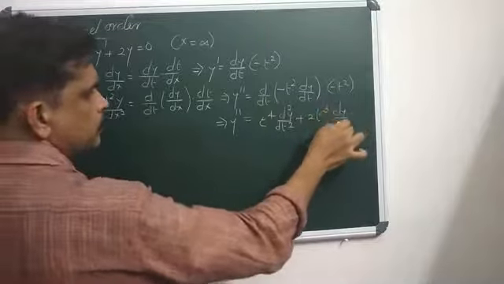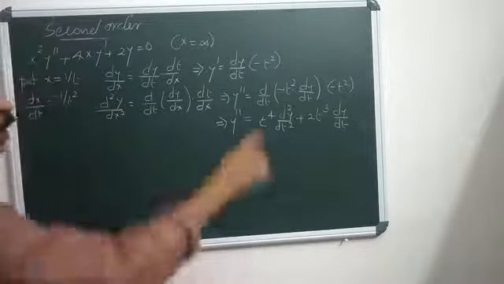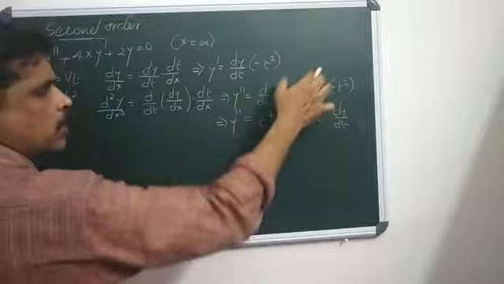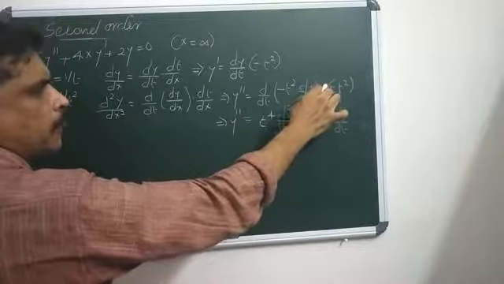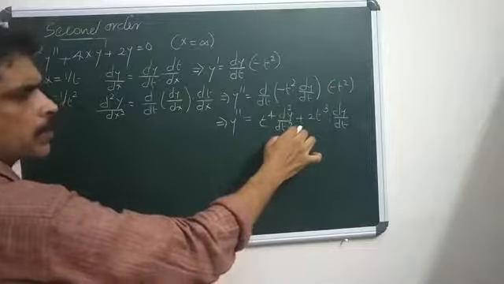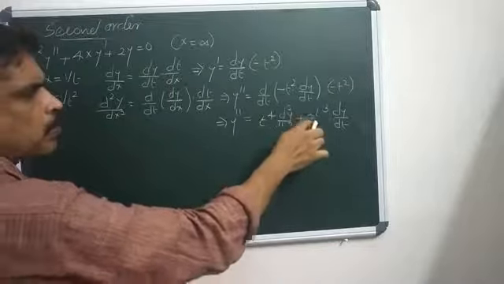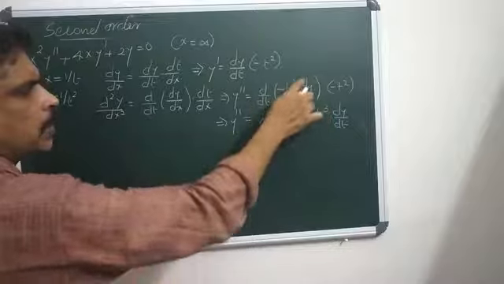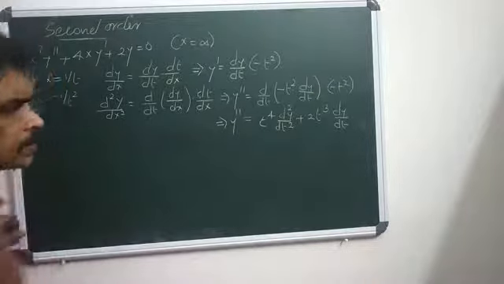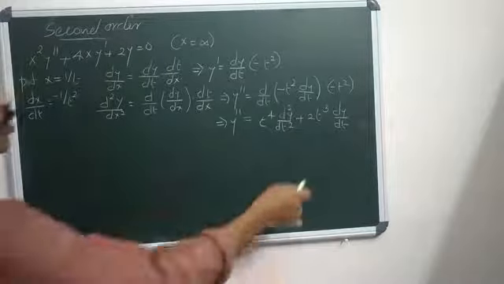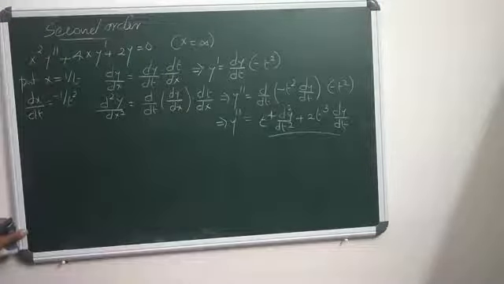Okay, d by dt of this one, using product rule: minus t square into d by dt of dy by dt is d square y by dt square, plus dy by dt into this one minus 2t, so multiplied with minus t square. So y2 dash is this one.